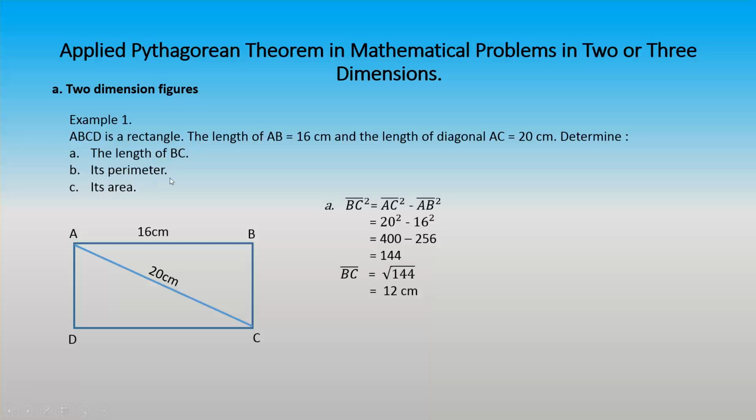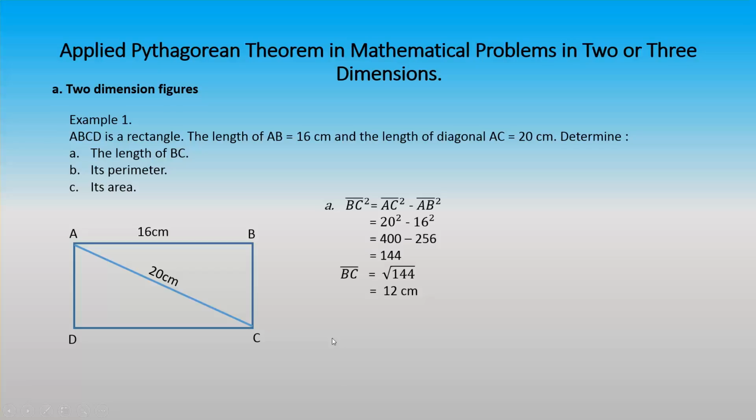Its perimeter. The perimeter of rectangle ABCD is equal AB plus BC plus CD plus AD or equal 2 times the length of AB plus 2 times the length of BC.